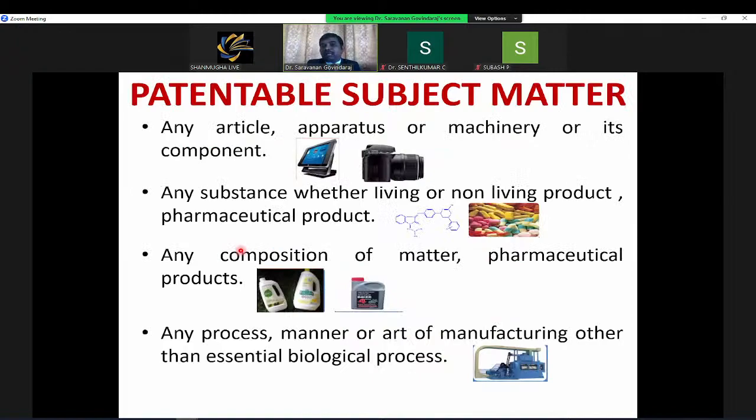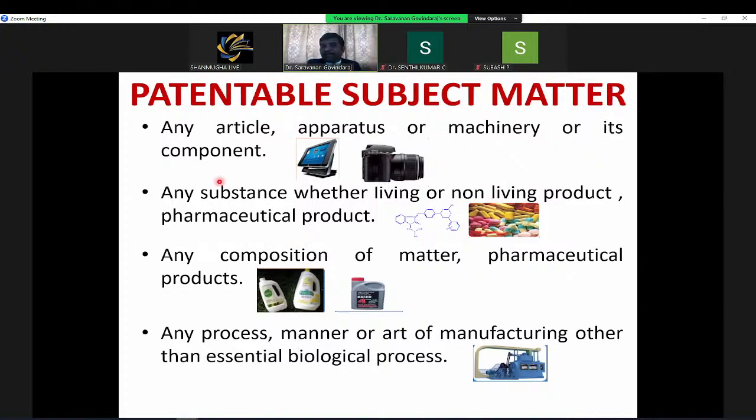And what are all the subject matters we can get a patent for? We can get a patent for any articles, or if you design any apparatus or any machineries or their components. So we can get a patent for cameras, or the components present in that particular one, or any machineries. And whether it is on living or non-living products, or pharmaceutical products also, we can get a patent.